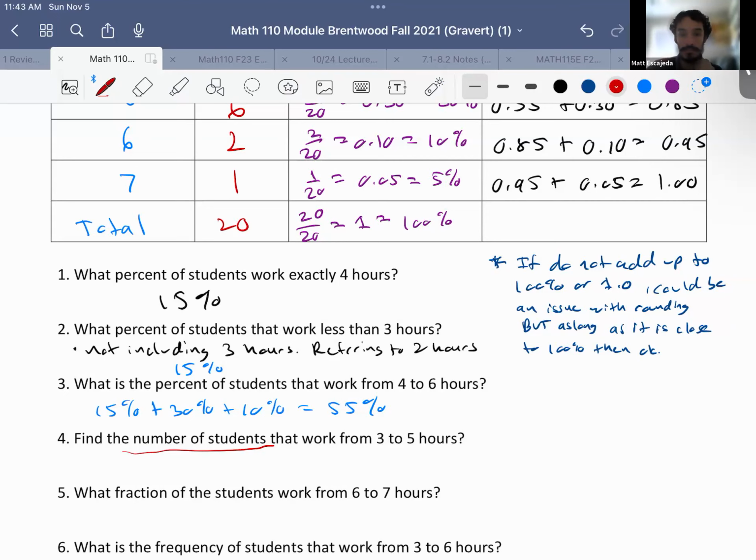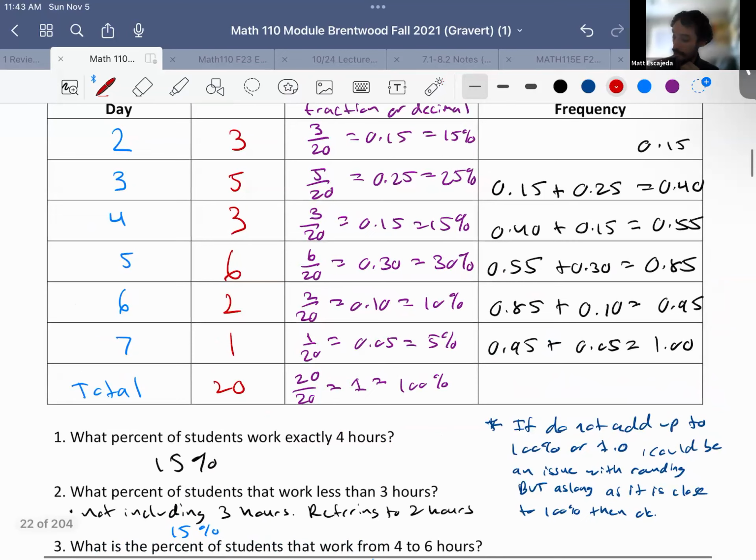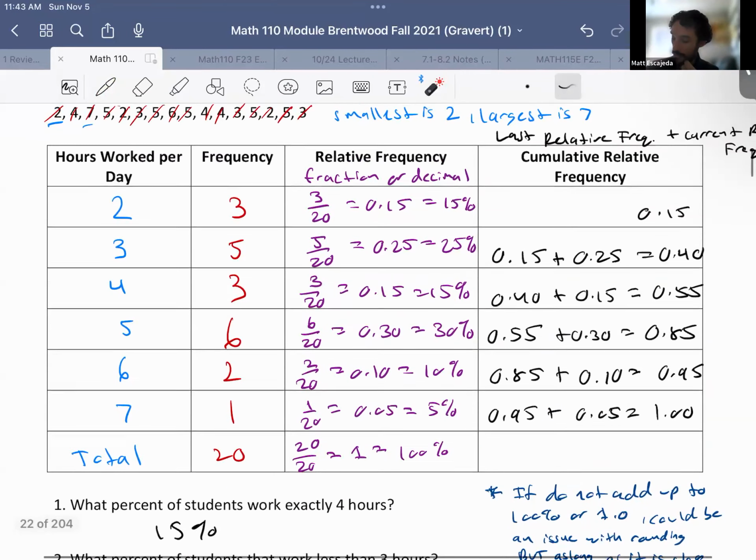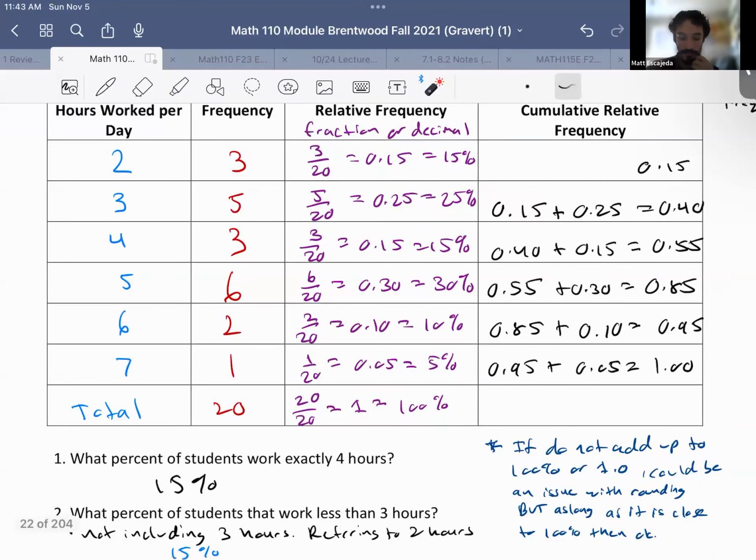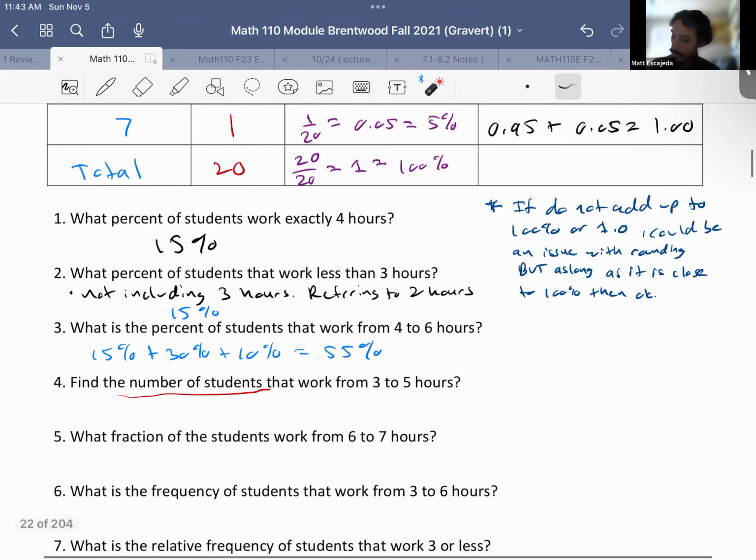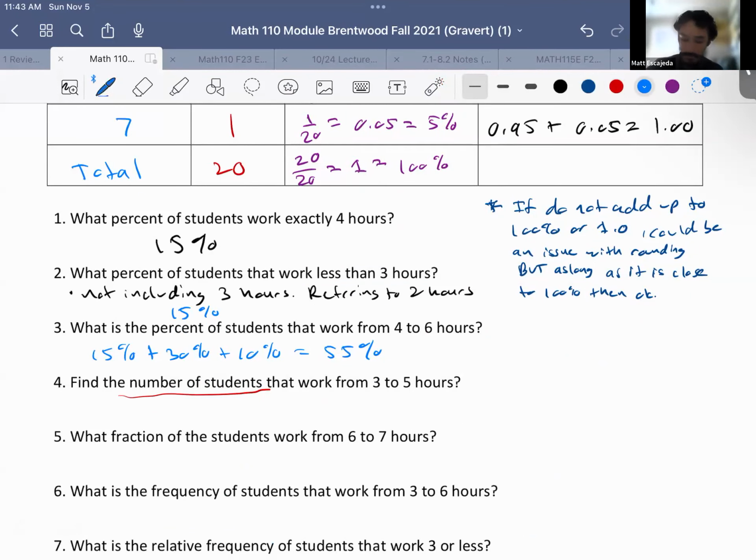That's not our relative frequency. We just want to know the number of students. So I see that we look at our frequency column. It says 3 to 5 hours. So it'd be 5 plus 3 plus 6. Okay. So we have 5 plus 3 plus 6, and that is 14 students.